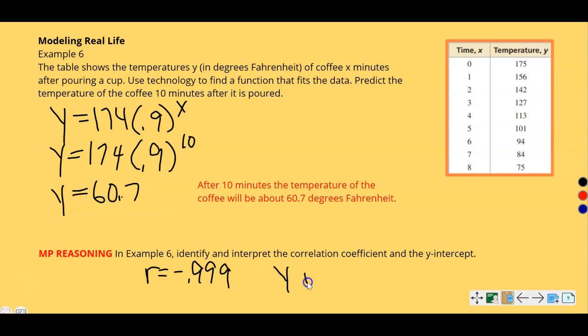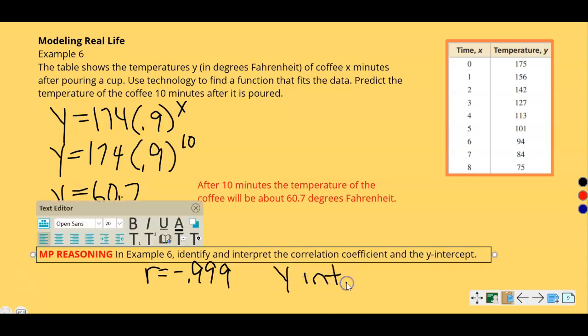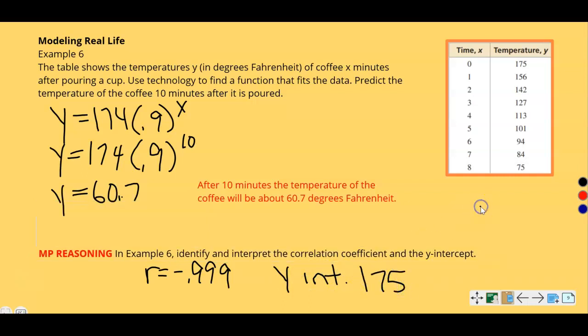So your y-intercept is 175. All right, that's all for example 6, and that's all for exponential functions today.